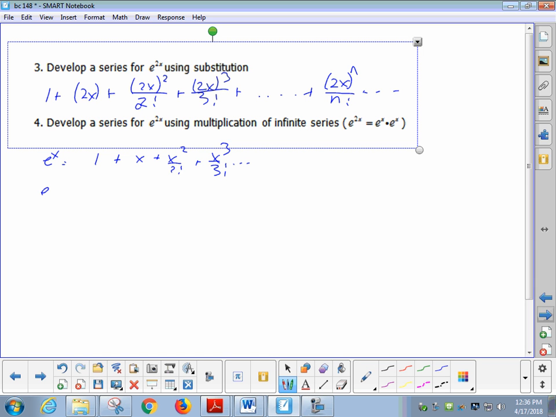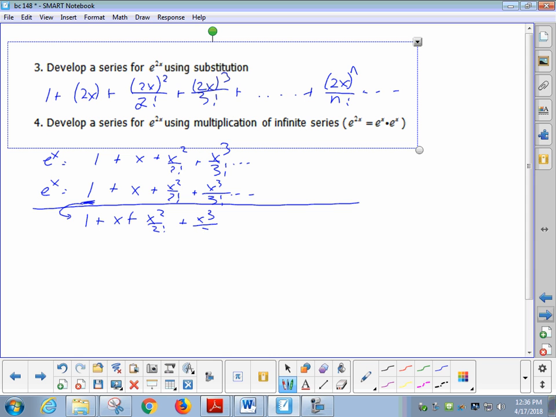And then e to the x again is 1 plus x plus x squared over 2 factorial plus x cubed over 3 factorial. So when I multiply, first time through I multiply 1 by everything. When I multiply 1 by everything, it is 1 plus x plus x squared over 2 factorial plus x cubed over 3 factorial at the top. Now I multiply x by everything.